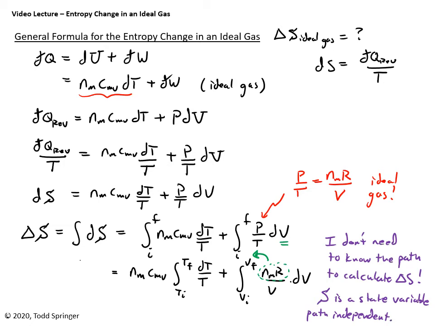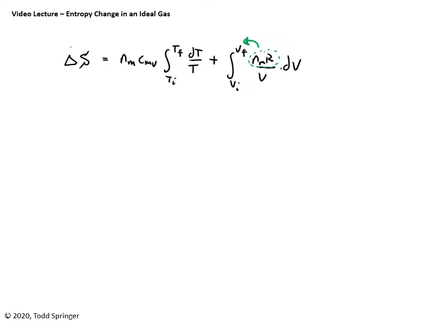Okay, so now all we have to do is do the integrals and then we'll have our formula. Carrying over the formula from the previous slide, I have two integrals and they're both natural logs, very simple to do. So N_m C_mV times the natural log of T, evaluated from T_i to T_f, and then the N_m and the R come outside, and I have the natural log of V evaluated from V_i to V_f.